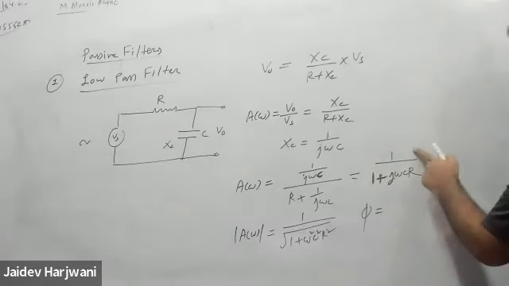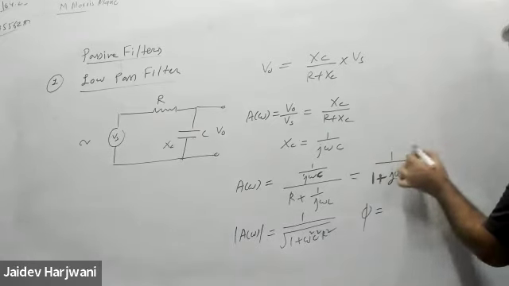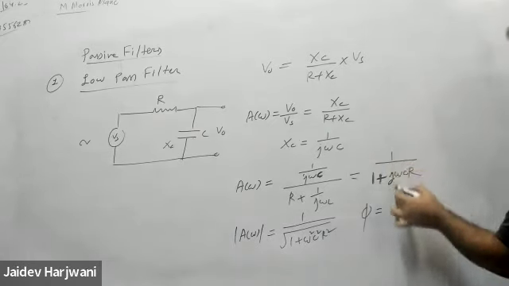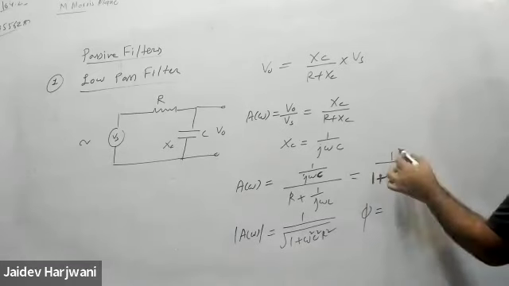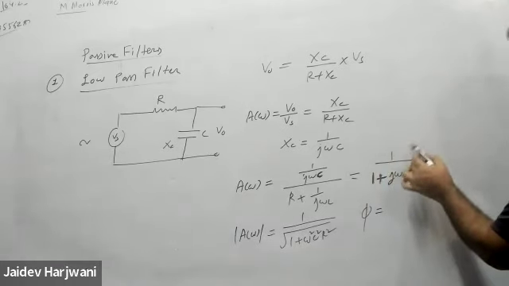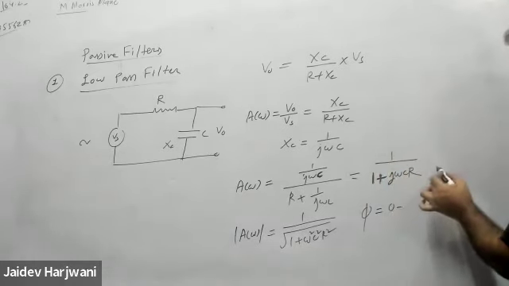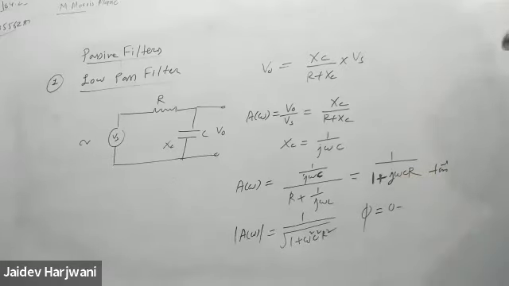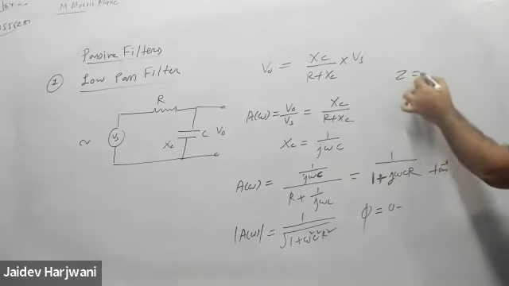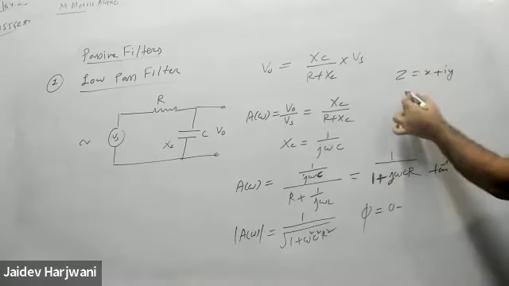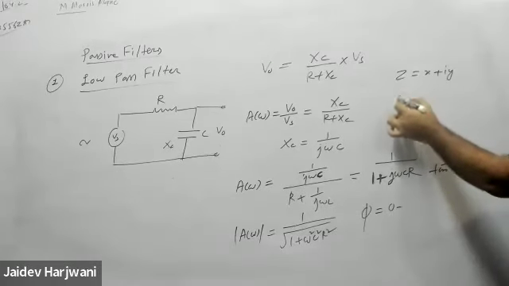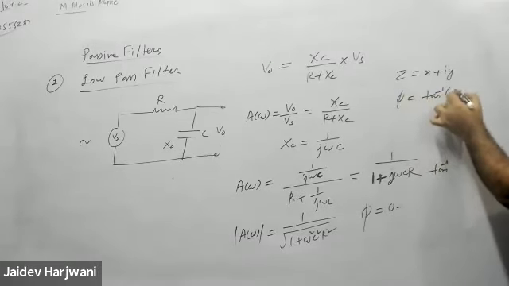The numerator, the number 1, has zero phase. The phase of a ratio is phi 1 minus phi 2. Here the numerator phase is 0, so 0 minus the denominator phase, which is tan inverse of y by x. If your number is x plus iota y, tan of phase is y over x.